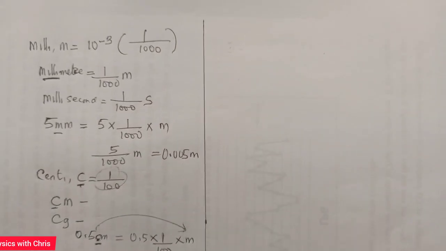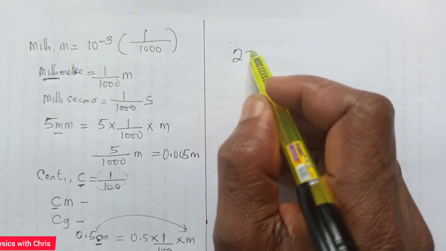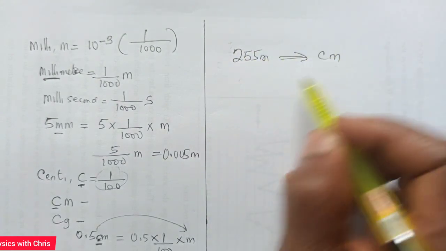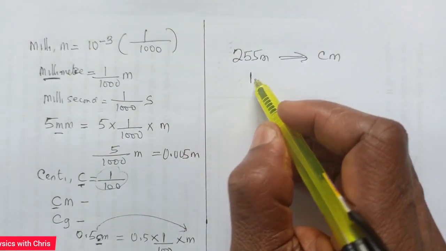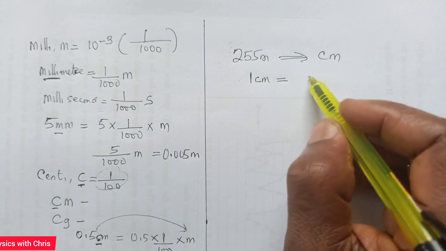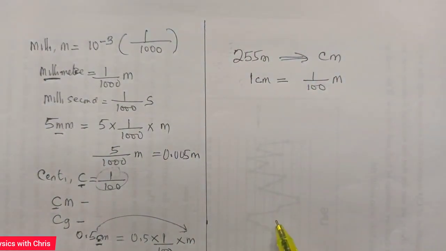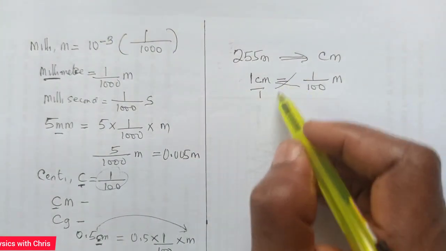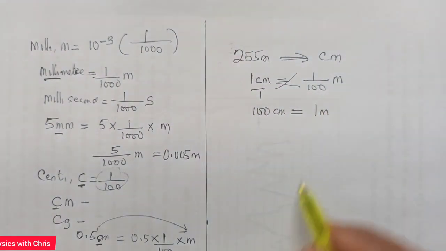Then finally, if you are given meters, let's say you are given 255 meters, you have to change this to centimeter. How do you change this to centimeter? If 1 centimeter is 1 over 100 meter, then if you cross multiply, you come to see that 100 centimeters is equal to a meter.